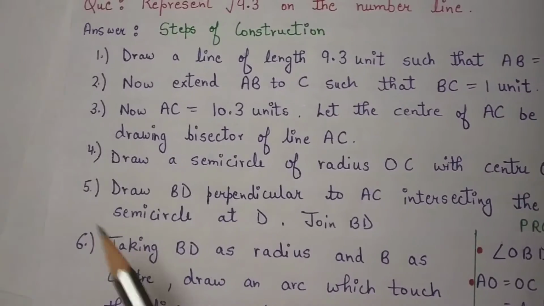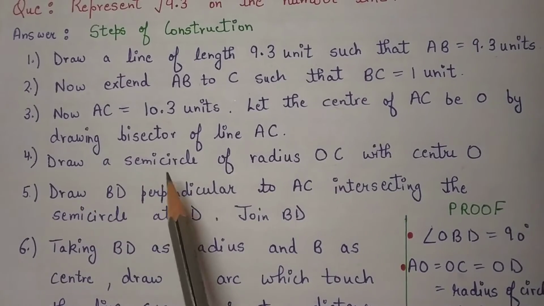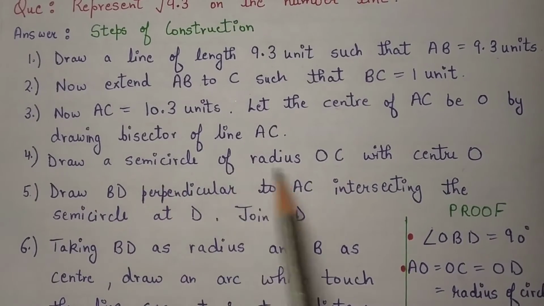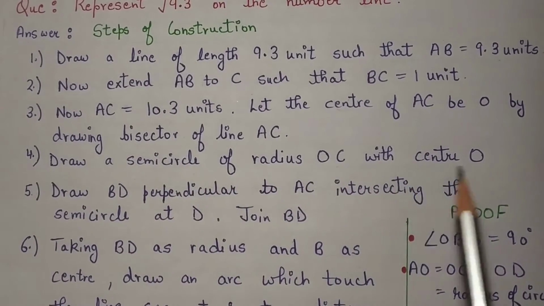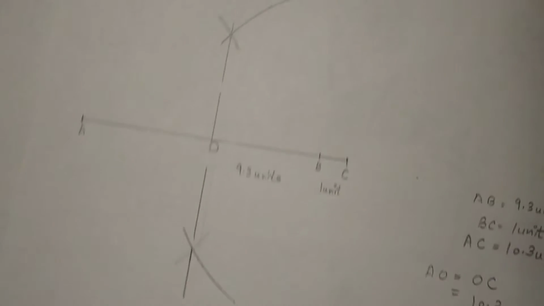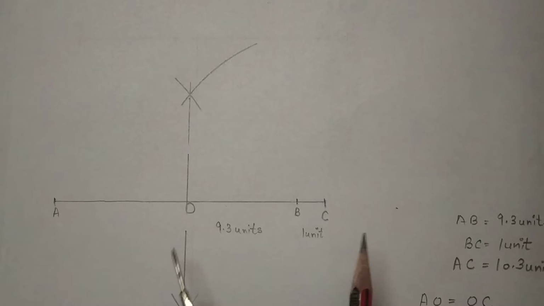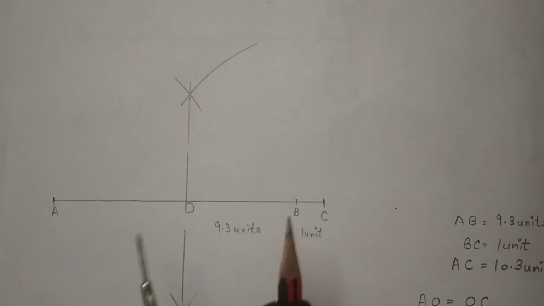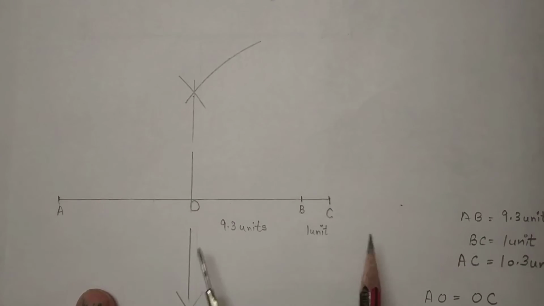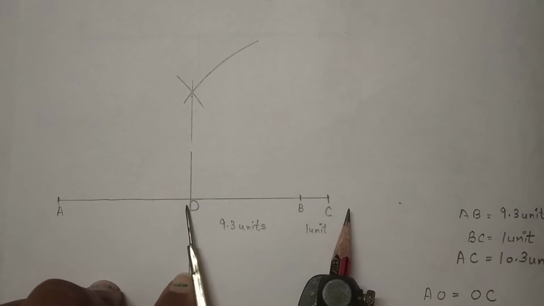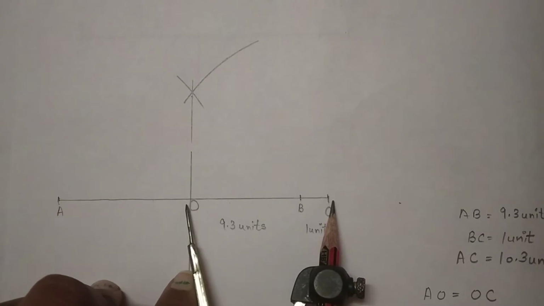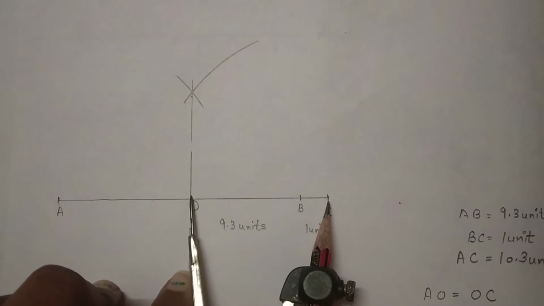Now the next step is draw a semicircle of radius OC with center O. I need to draw a semicircle with radius OC and center O. I need to open the compass and take the radius as OC.